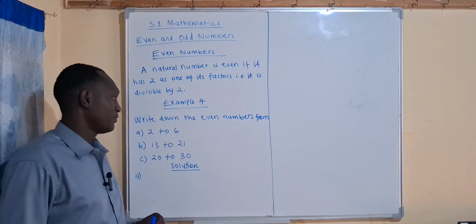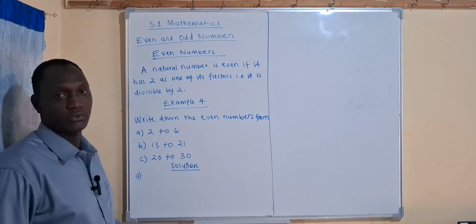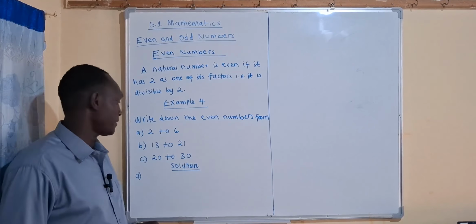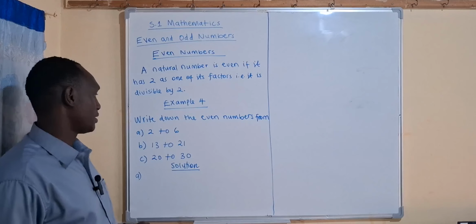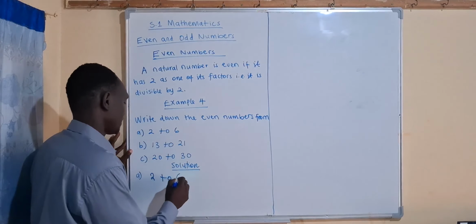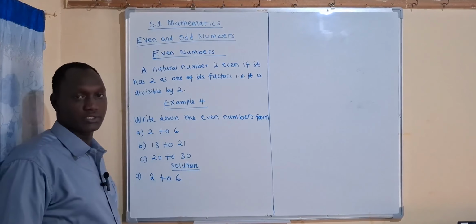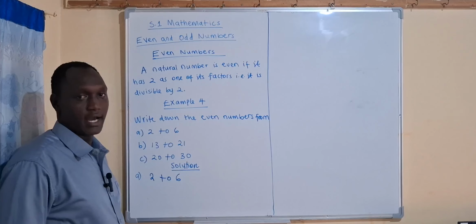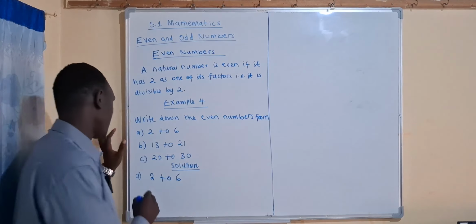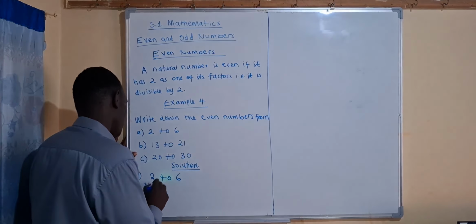Example 4 tells us to write down the even numbers. The first part says from 2 to 6. So from 2 to 6 means that 2 and 6 are inclusive. Let's first list the natural numbers.